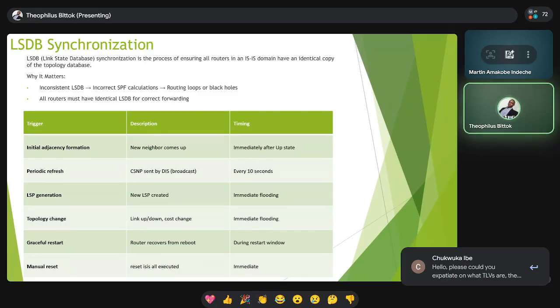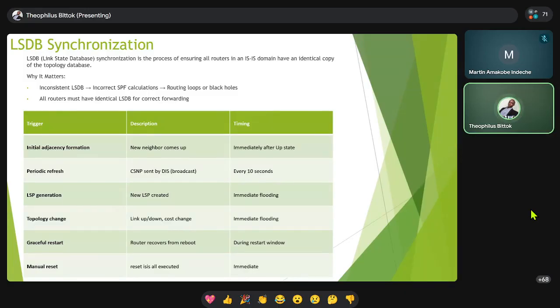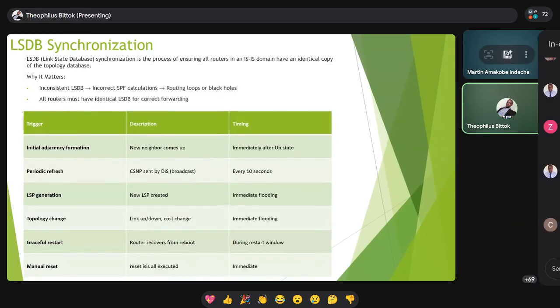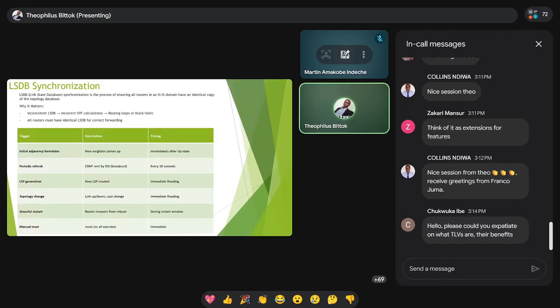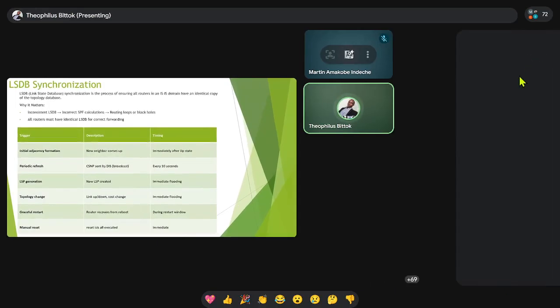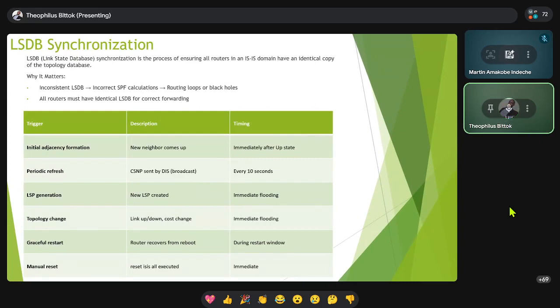Okay. So the next thing that we are going to do is LSDB synchronization. What it tries to achieve is to ensure that all routers have a consistent link state database.